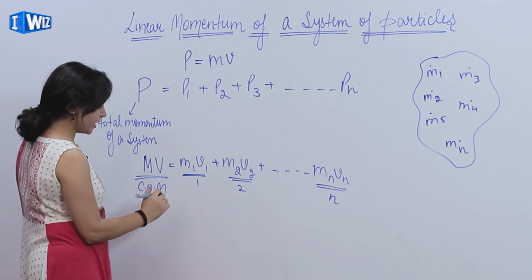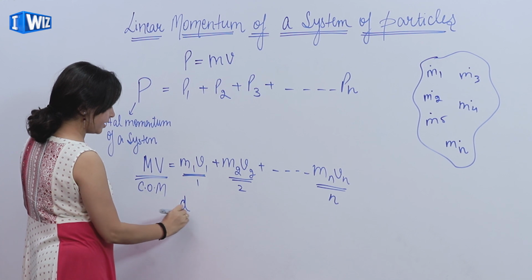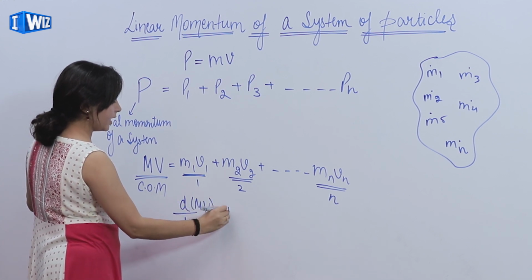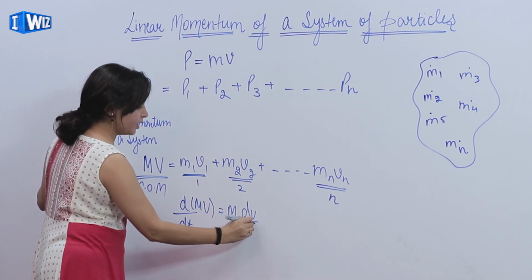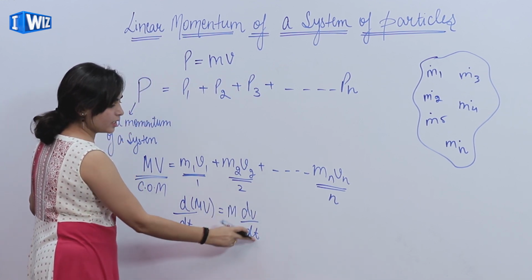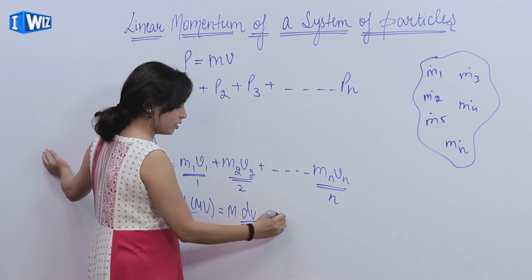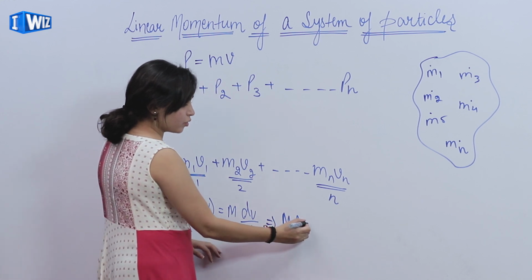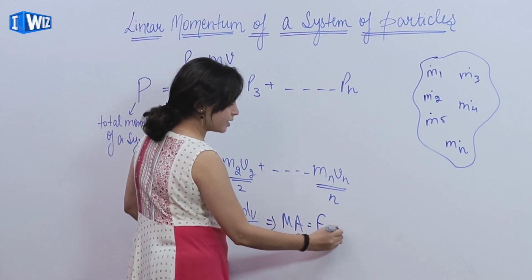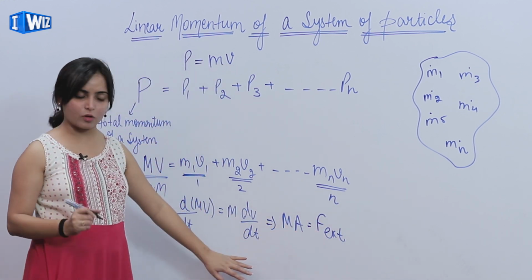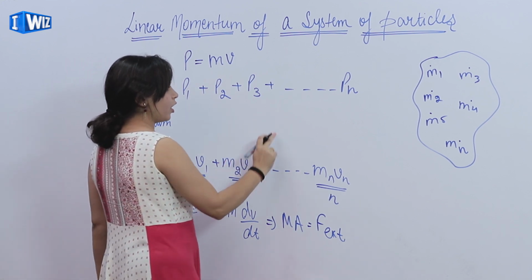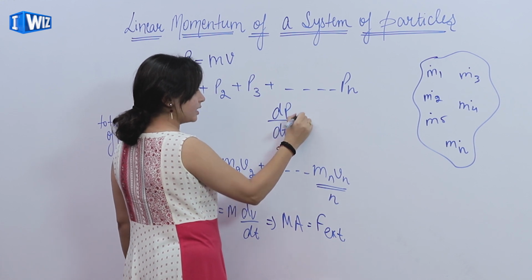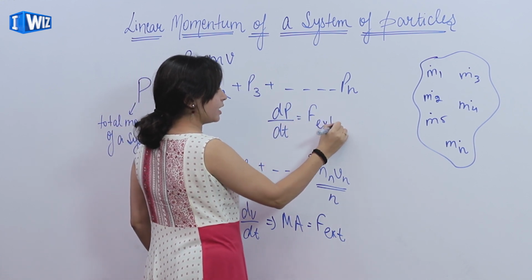Now differentiating, we'll get M dv upon dt, which is equal to acceleration. So M a, which is equal to F external, that means the external force applied. So from here we get dP upon dt is equal to F external.